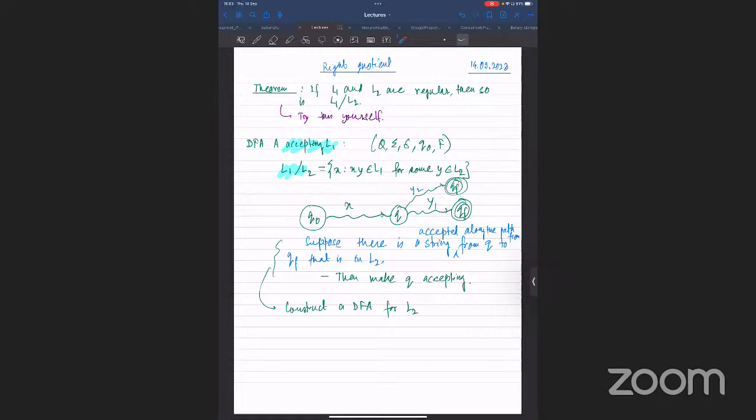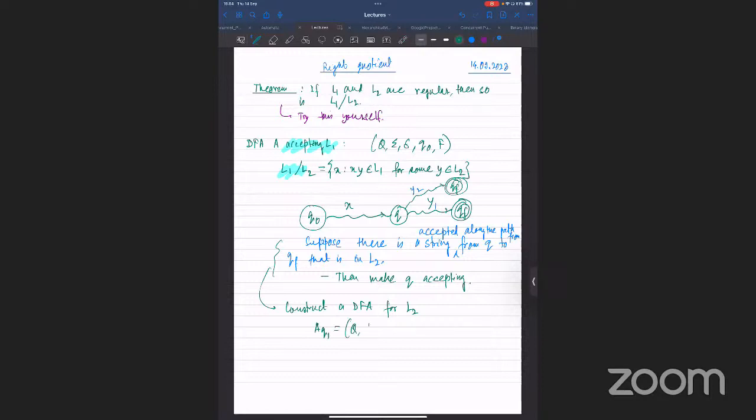Sure. So can you state it a bit clearly? What can you do? Okay, so let me tell you. What you can do is construct a DFA with Q as the initial state and QF as the final state, keeping everything else. Suppose your L1 automaton was Q, sigma, delta, Q0, F. Now consider AQ1. What is AQ1?